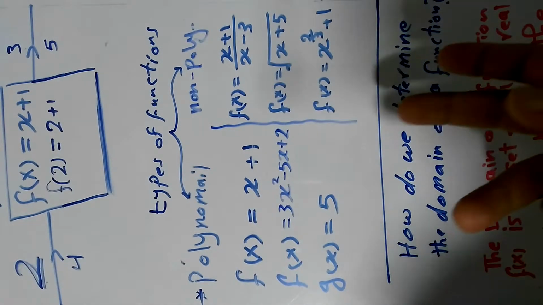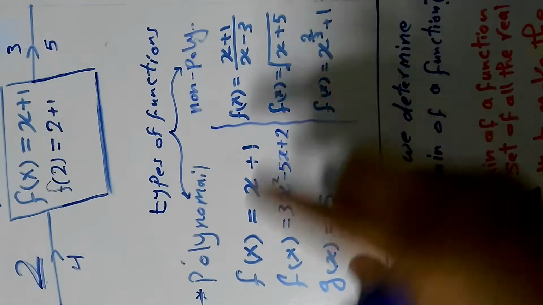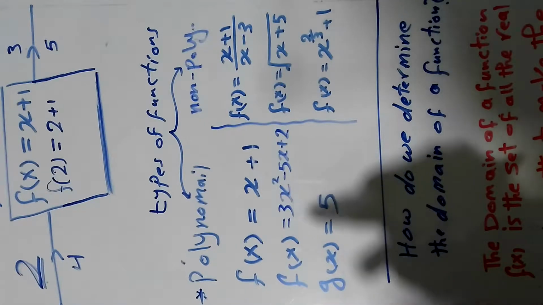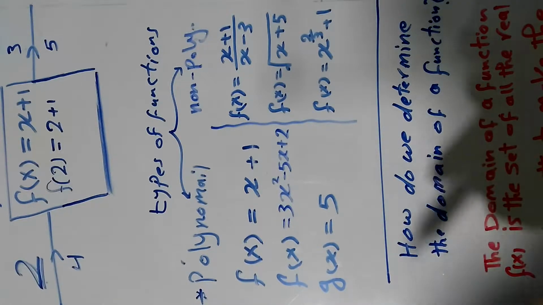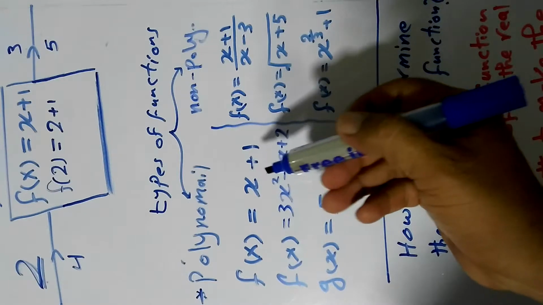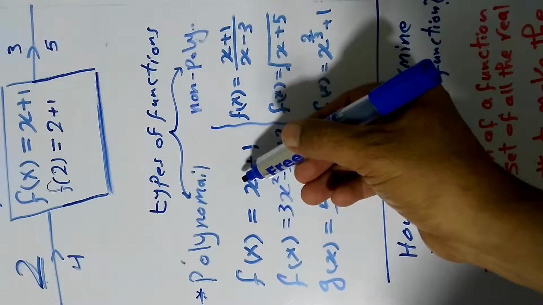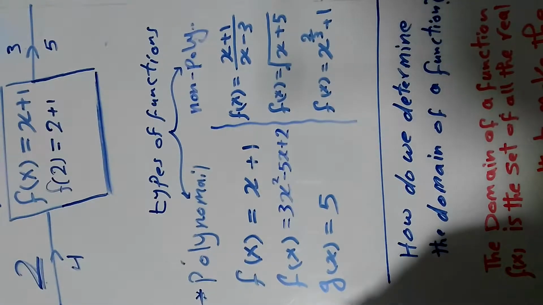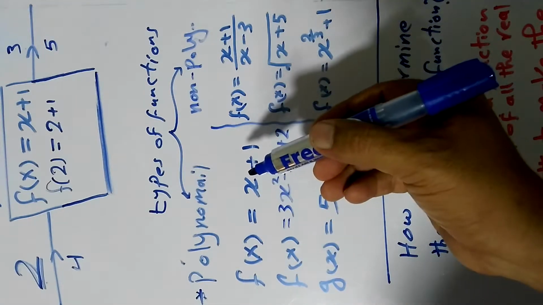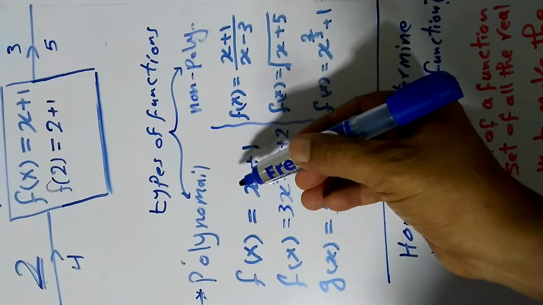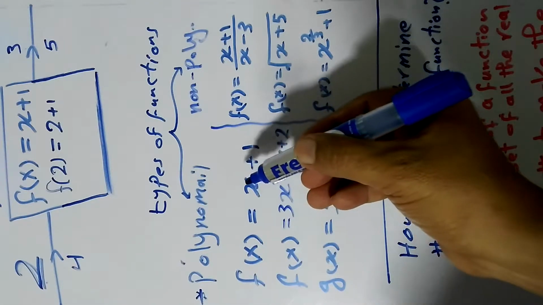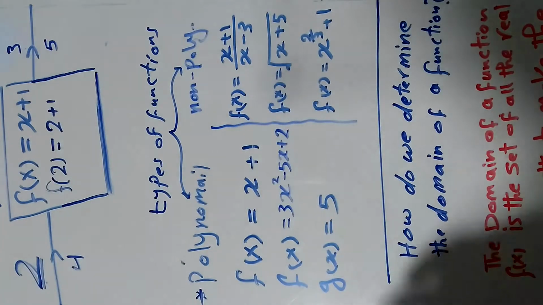So how do we determine if a function is polynomial or non-polynomial? By looking at the rule of the function. If the power of the variable in the rule is a positive integer or 0, say a natural number, then this function is a polynomial.